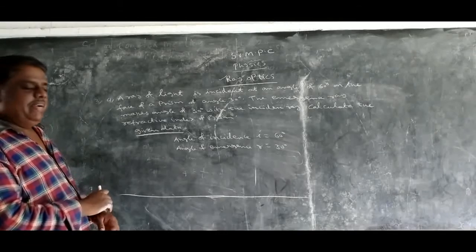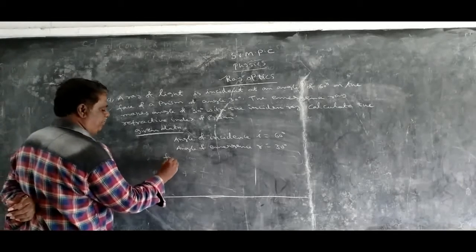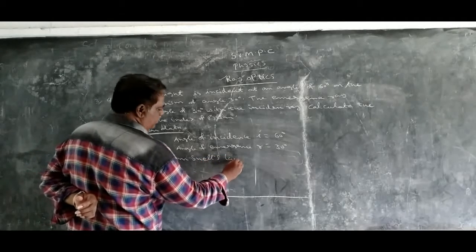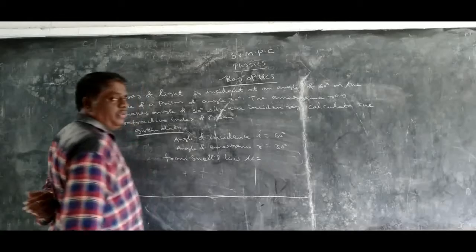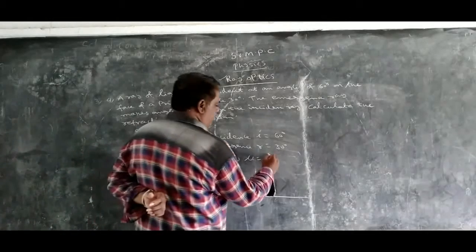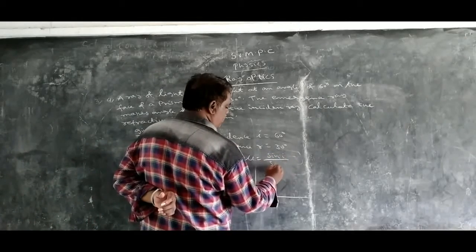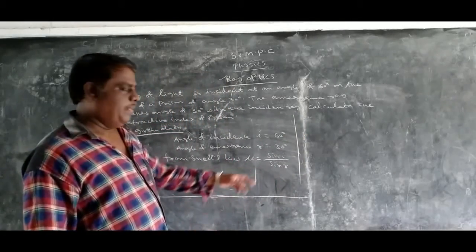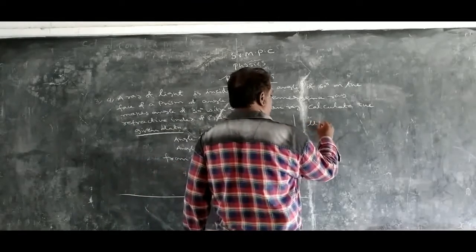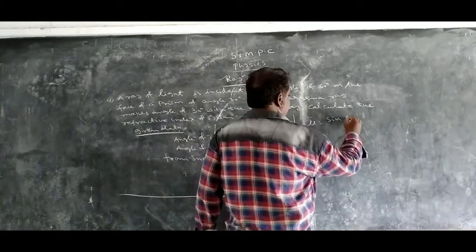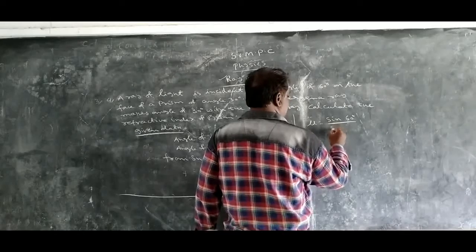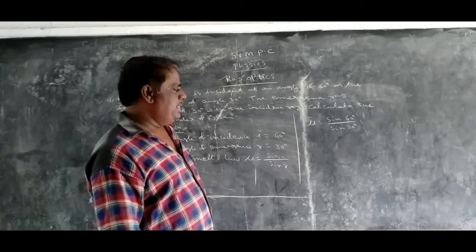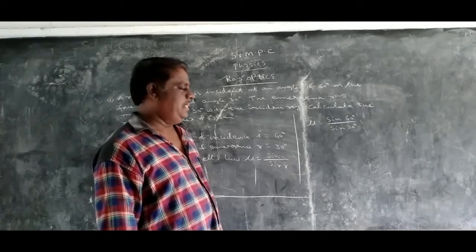So to find refractive index from Snell's law, mu is equal to sin i by sin r. Substitute the values in the formula. Then mu is equal to sin 60 by sin 30.